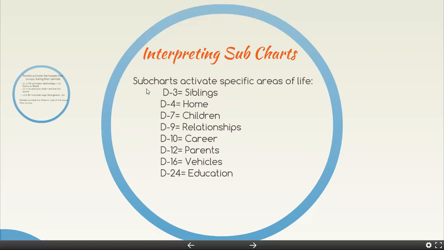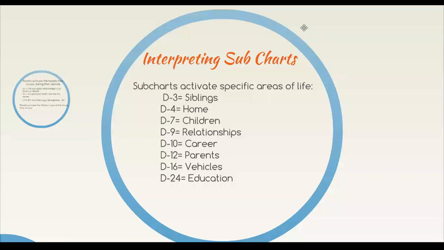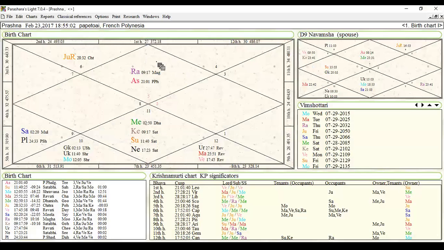And similarly, the main chart is the base note of the person's life. So this is the main chart. You can say that it's the tree of the tree of life of the person. The subcharts represent, in a sense, some of the fruits one can expect from the tree. And the main subchart is the Navamsha, the D9, or the ninth division.